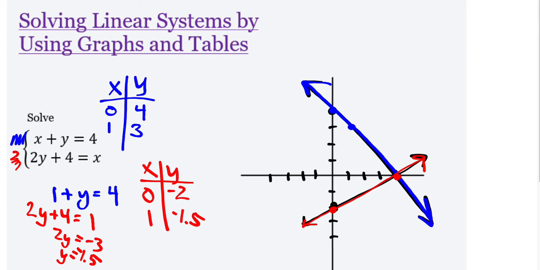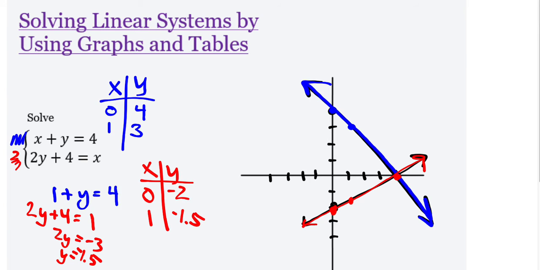Okay, so 0, -2, which we did the other method. 1, -1.5. Well, it's right there. And then I could make a line out of that. And then the whole goal of this question is to figure out where they cross, because that's a simultaneous solution.